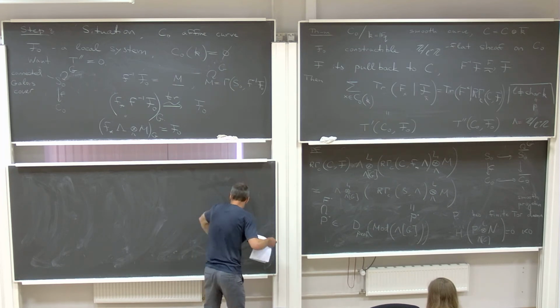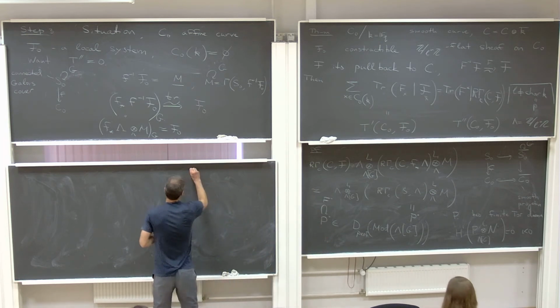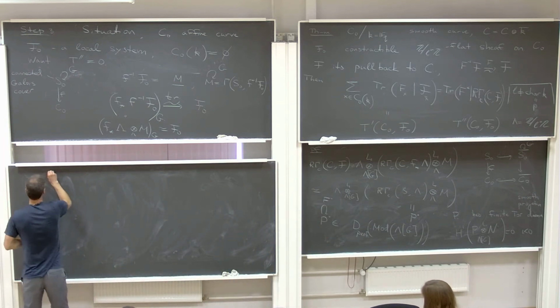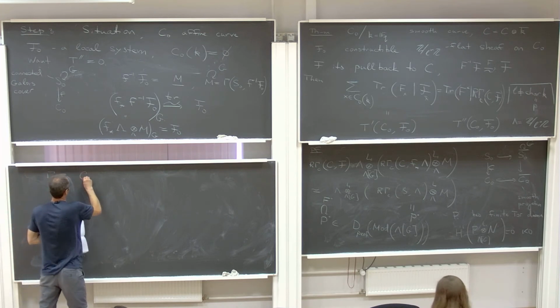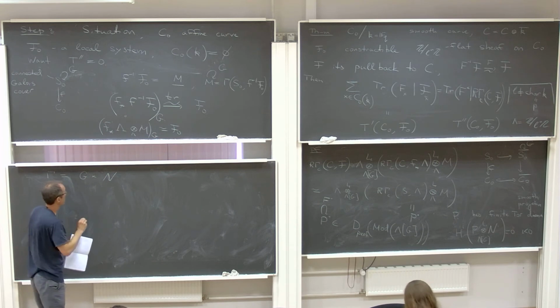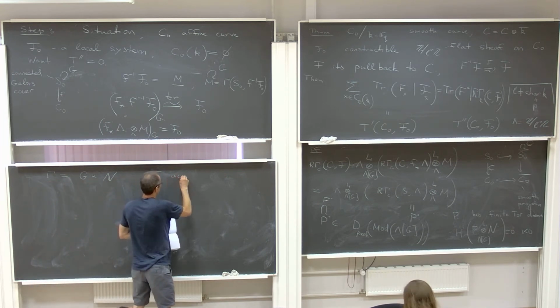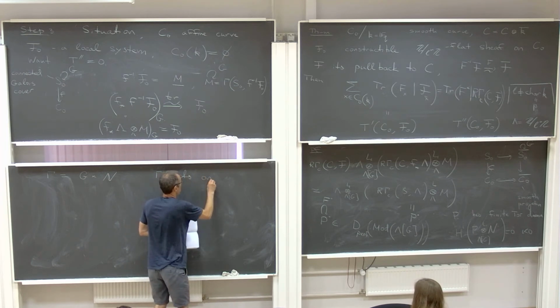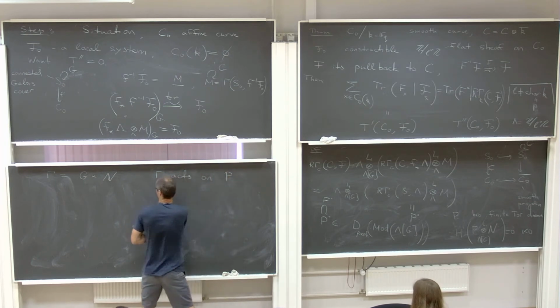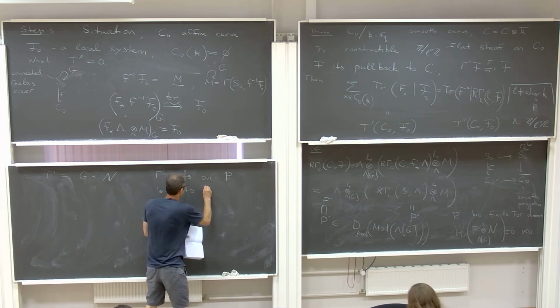And for the monoid extension, well, F commutes with G. So I just take gamma to be the trivial monoid, G times N, right? And gamma acts on P. And, well, G acts here, and 1 in N acts by Frobenius.